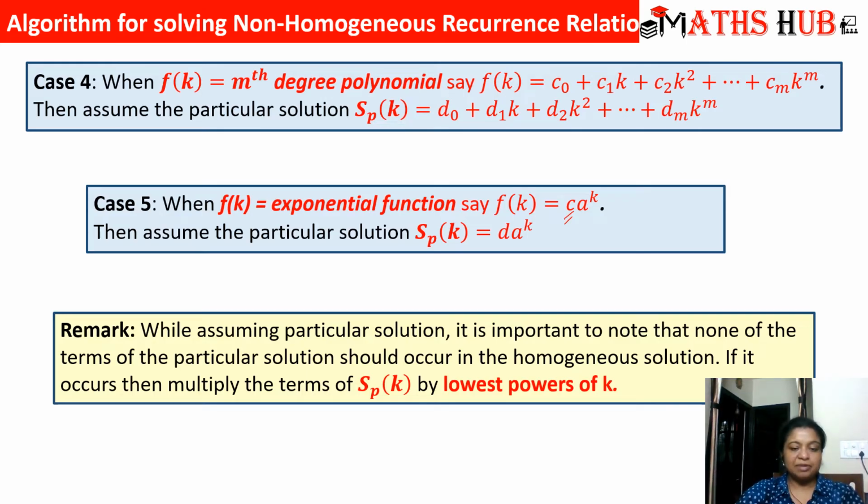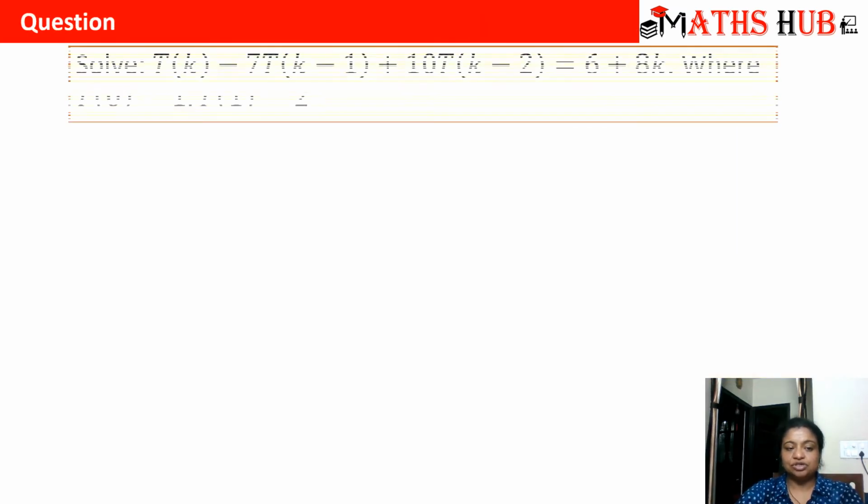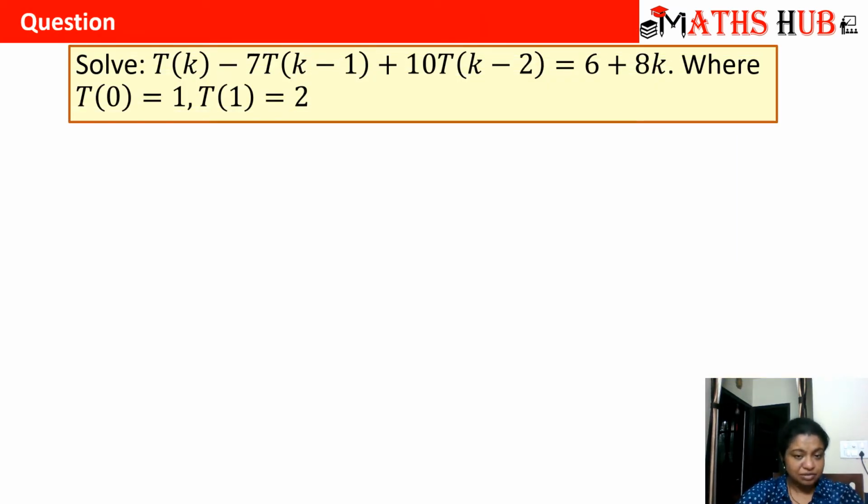So now, keeping these points in mind, let us try to calculate the solution for this recurrence relation, right? We are given the recurrence relation as t_k minus 7t_(k-1) plus 10t_(k-2) is equal to 6 plus 8k, where some initial conditions are given to us. Let us first calculate the homogeneous solution.